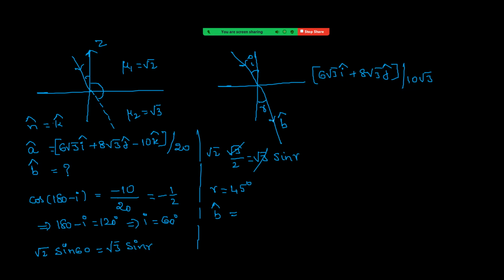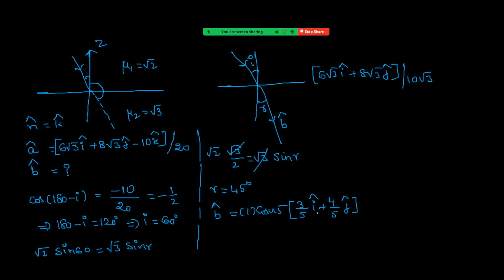Next, what we can do here, it has a component along this plane, that is, the b cap modulus value is 1 into cos 45 into this unit vector. Okay, that is now how much? See, root 3 gets cancelled. It is 6 plus 8 by 10, 3 by 5 i cap plus 4 by 5 j cap.